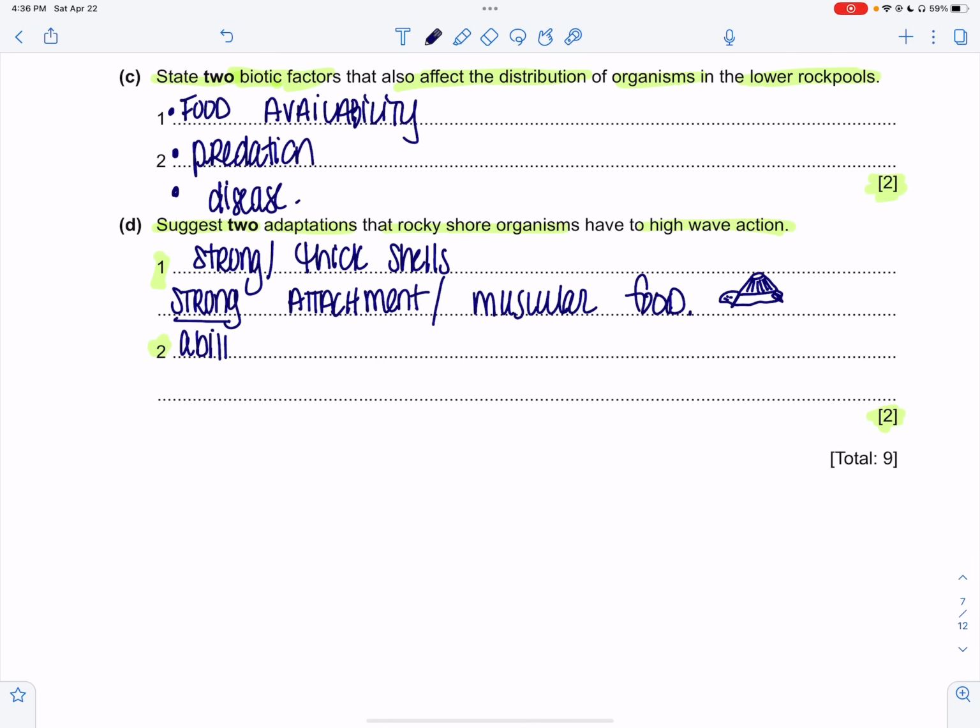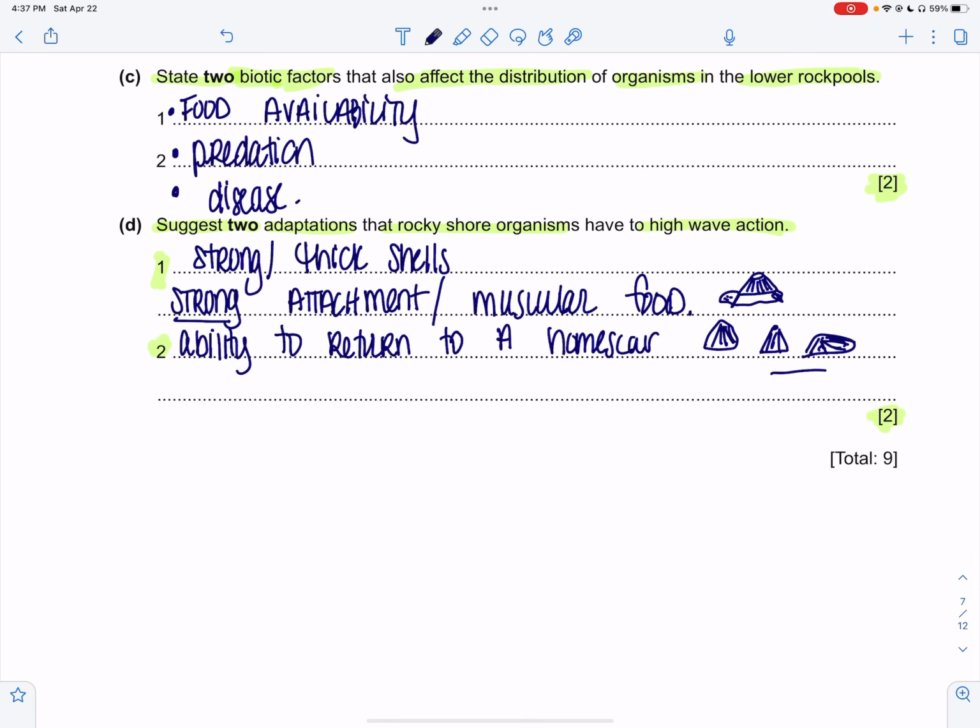An ability to return, and this is a very specific answer, to a home scar. Home scars are something that limpets can create. They look like little helmets on a rocky shore.